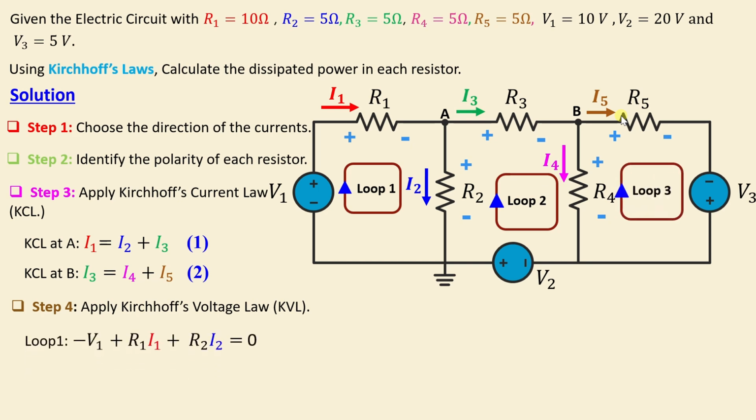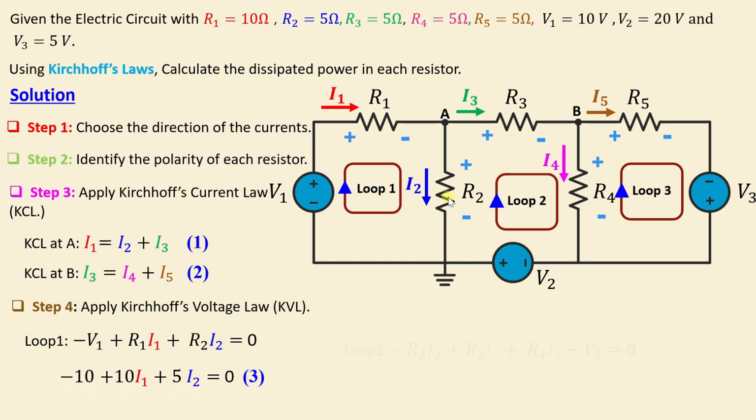In loop 1 we can write negative V1 plus R1 I1 plus R2 I2 is equal to 0, which gives negative 10 plus 10 I1 plus 5 I2 is equal to 0.